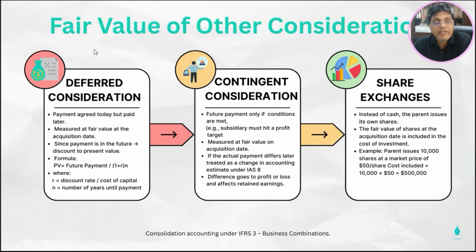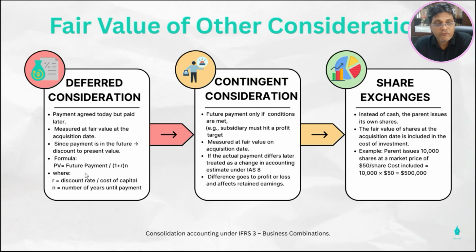As you can see, the fair value of other consideration calculation methods are given in all these three methods. Now when you look at deferred consideration, the payment is agreed today but paid later, measured at fair value at the acquisition date. So we need to find the fair value at the acquisition date. Since the payment is in the future, we need to discount to the present value.